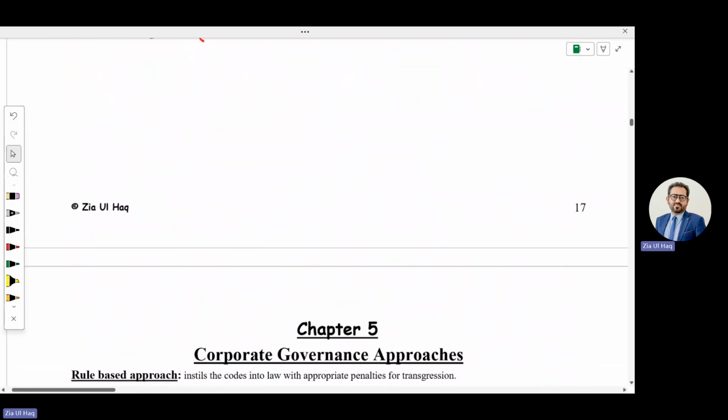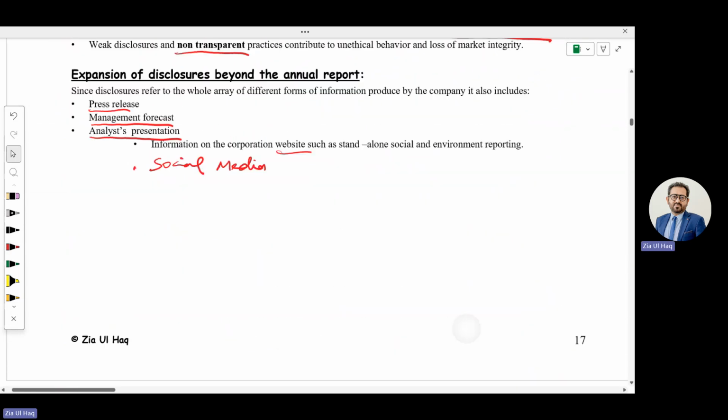Till chapter 4 we have covered, except the last part of chapter 1. In chapter 1, there are two topics left, agency theory and transaction cost theory. Chapter 2, chapter 3, chapter 4 we have covered, and we have covered 3 questions till now.